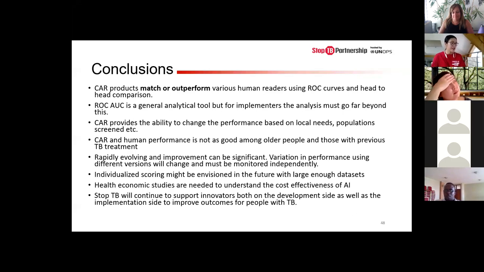This field, again, is rapidly changing, and improvements can be made in the next version that can have significant impact. So bear in mind that what we've shown here is only the latest products, and new versions are coming out quickly and can bring significant improvement.